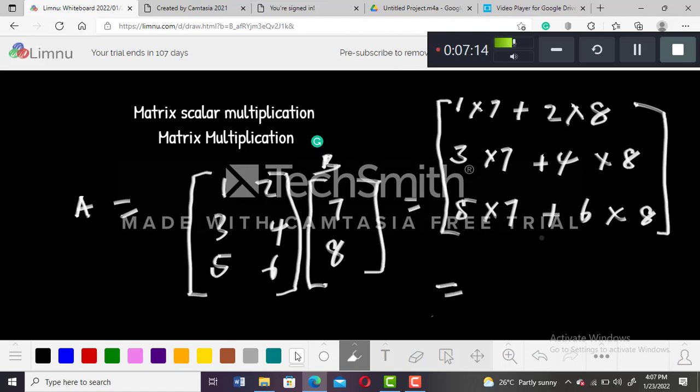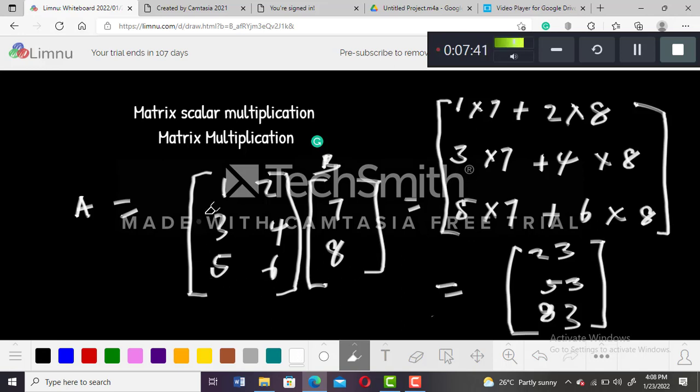So that the resultant matrix will be 23, 53, and 5 times 7 plus 6 times 8 will give us 83. Yes, 83. And this will be the result. What I have done simply is that we multiply the corresponding values with matrix B. In matrix B, we have just 7 and 8, and in matrix A, we have the rows 1, 2, 3, 4, 5, 6.